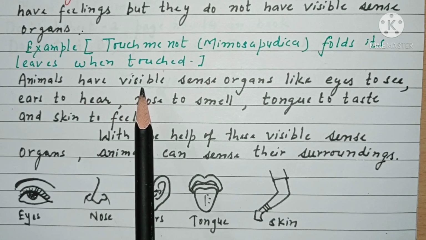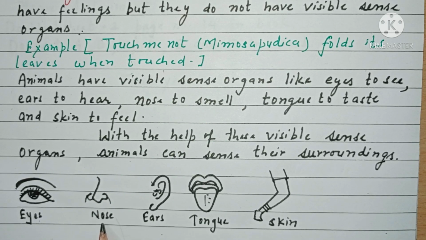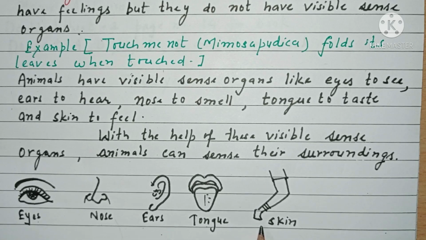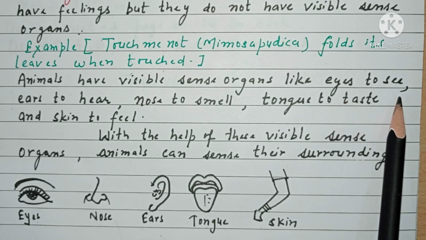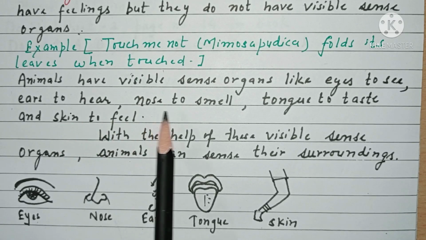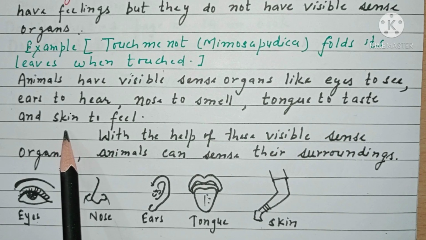Animals have visible sense organs like eyes, nose, ears, tongue, and skin. Eyes are to see, ears are to hear, nose to smell, tongue to taste, and skin to feel. So, with the help of these visible sense organs, animals are able to sense their surroundings.